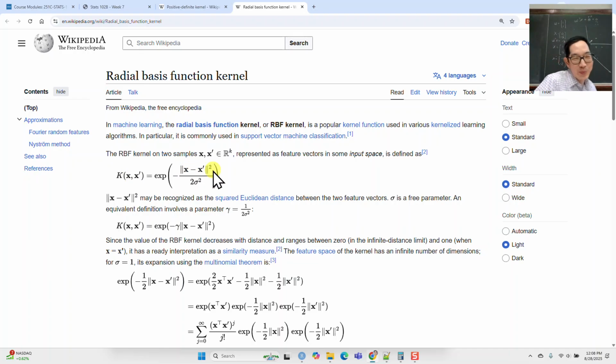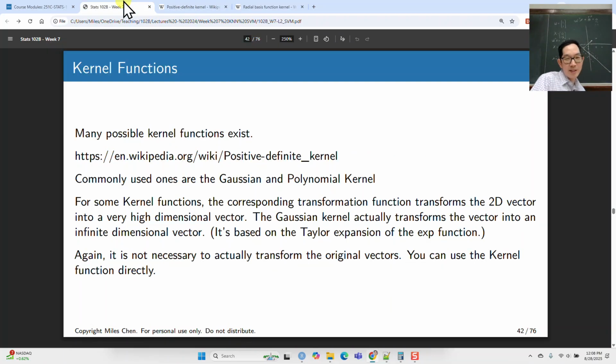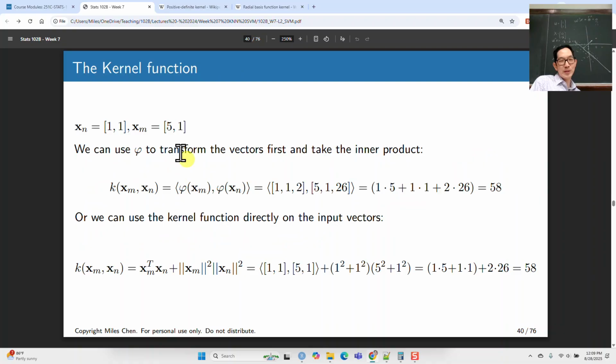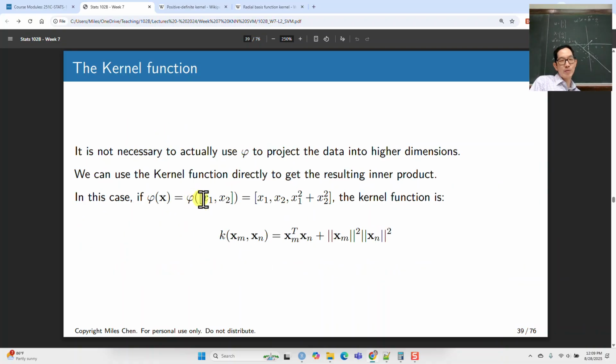Now, the crazy thing is that the radial basis function kernel, its corresponding transformation function actually transforms it into a vector of infinite length, okay? So here was a simple function that went from 2D into 3D. But if you use the radial basis function kernel, its corresponding transformation function technically goes from 2D into infinite D, infinite dimensions.